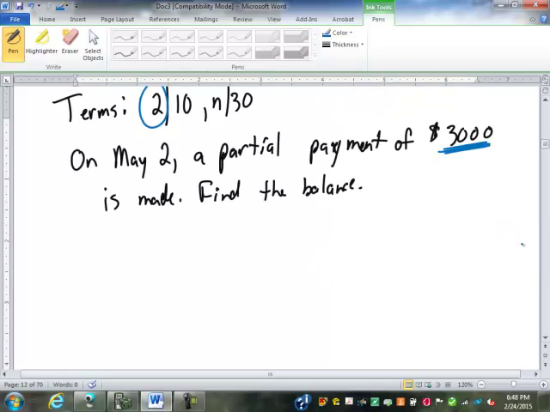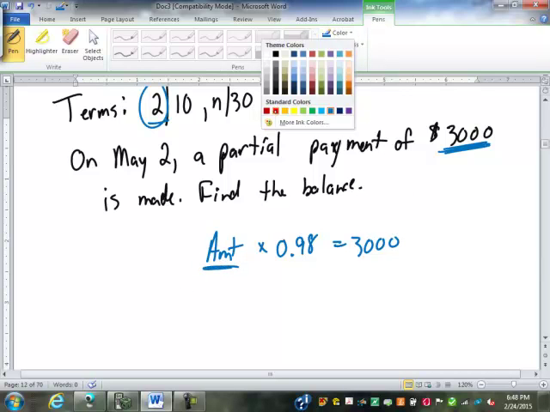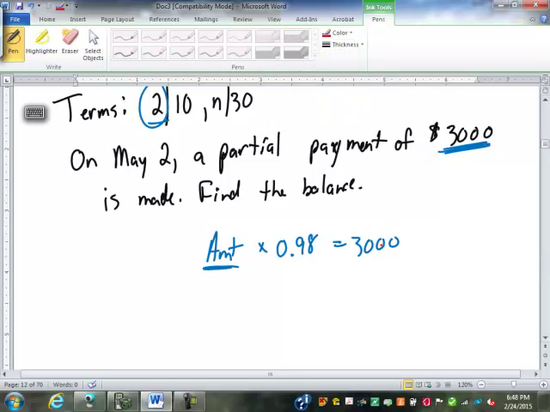You know what I'm saying? Whatever amount they get credited for, times 0.98, is what they have to pay: $3,000. So we're working the formula backwards to find the amount that is credited to the account. To solve this, of course, we're going to divide by 0.98.